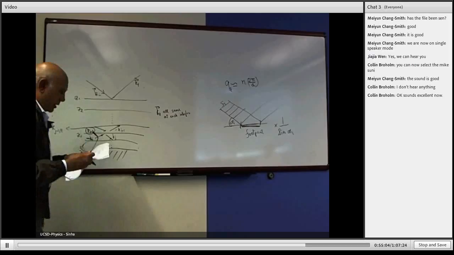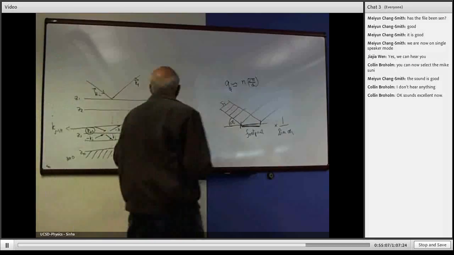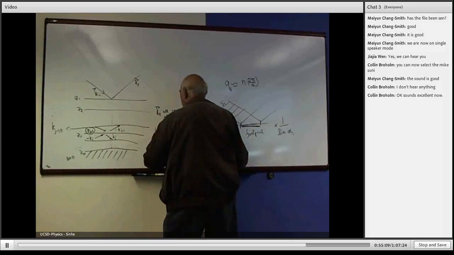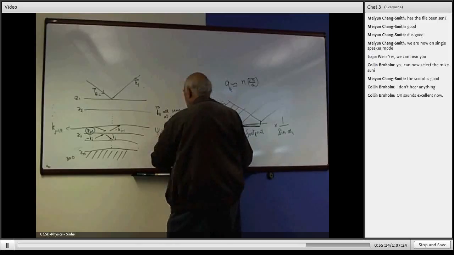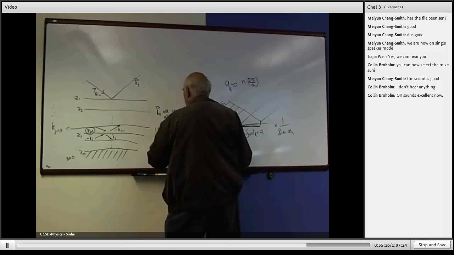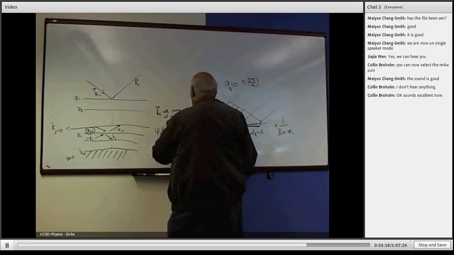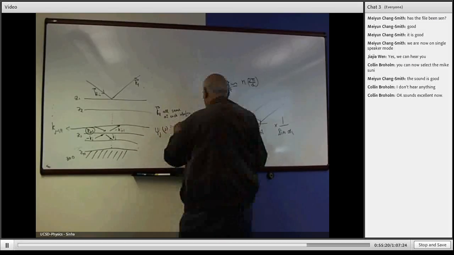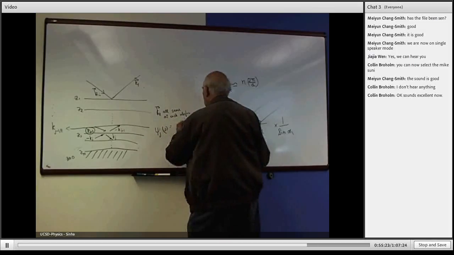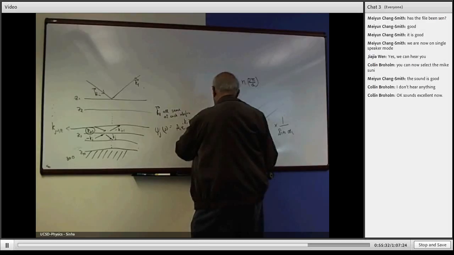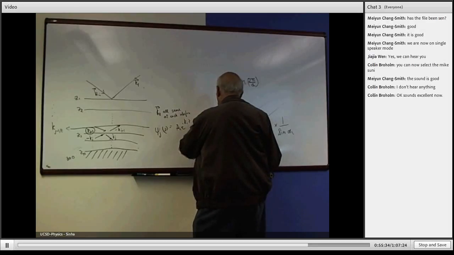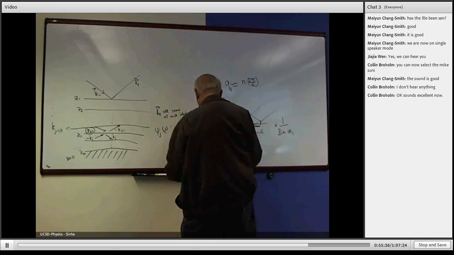So we're writing the wave function in the jth layer as ai times e to the i ki z plus bi times e to the minus i ki z.